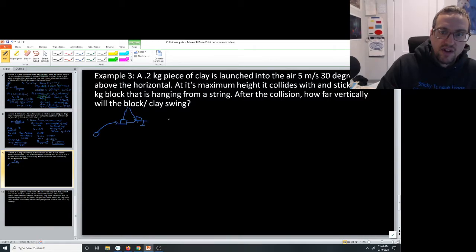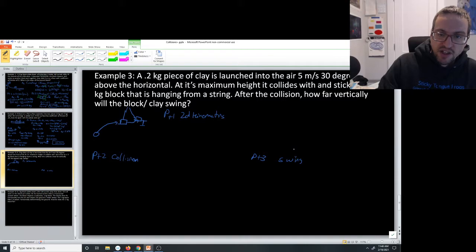Okay, so first we've got part 1 is 2D kinematics. We've got part 2 is a collision. That means momentum. And we've got part 3 is going to be the swing.